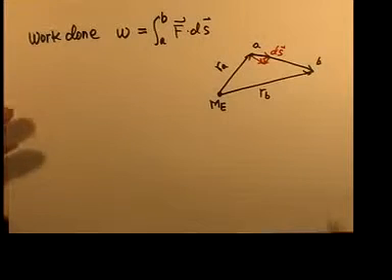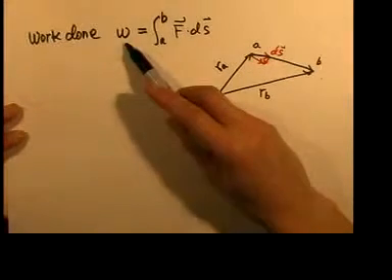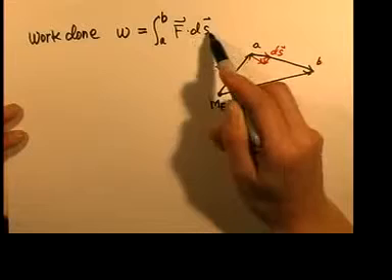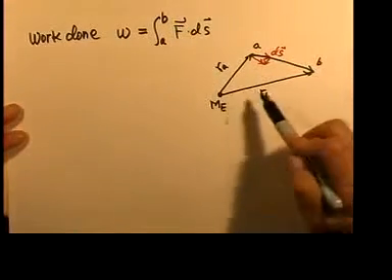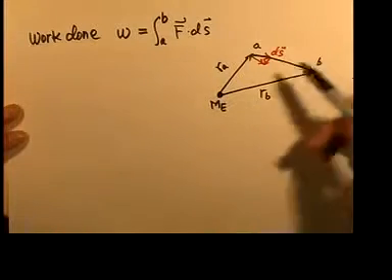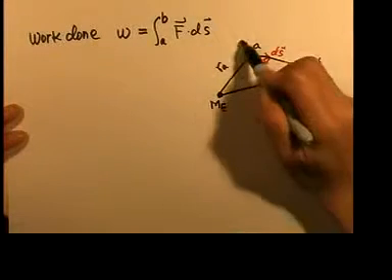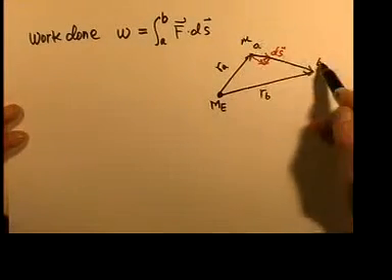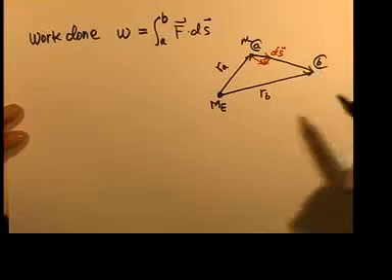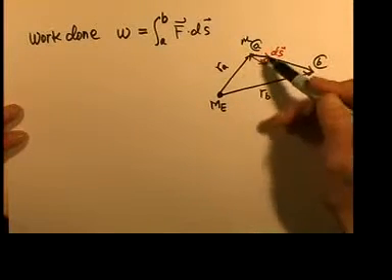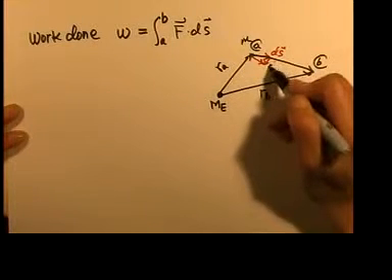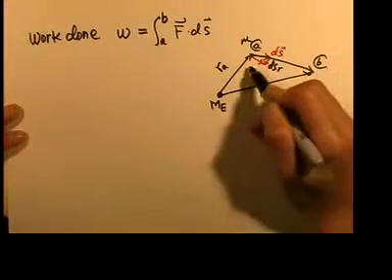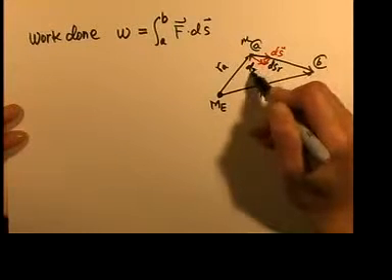Okay, let's continue. Work done is defined as F dot ds, force dot displacement, from point A to B. So let's say this is Earth, and that is a particle of mass m starting from point A and going to point B. I explained that any ds tangential to the path can be split into ds in the radius direction and ds tangential to the radius direction.